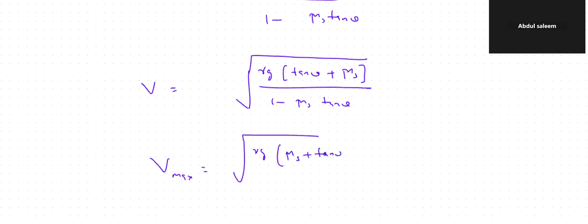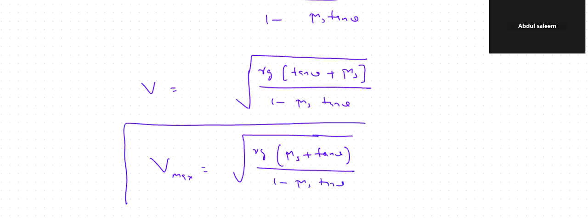V maximum equal to root of r g into mu s plus tan theta, divided by 1 minus mu s tan theta. This is the formula for the maximum allowed velocity on a banked road.